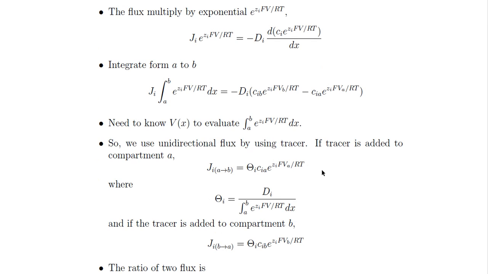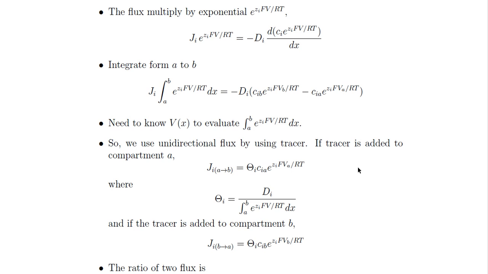When we evaluate Vx, we use a unidirectional flux by using a tracer. When we do the experiment, we can use the tracer, for example putting a color on the ion. The tracer will move either from compartment B to compartment A or from compartment A to compartment B, so then we can measure the flux of that ion.